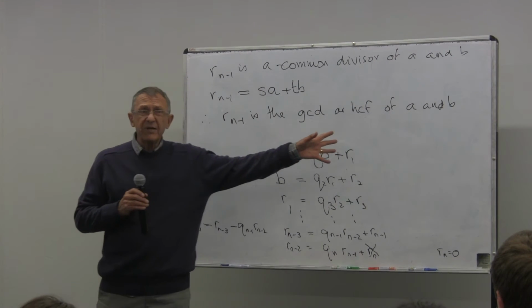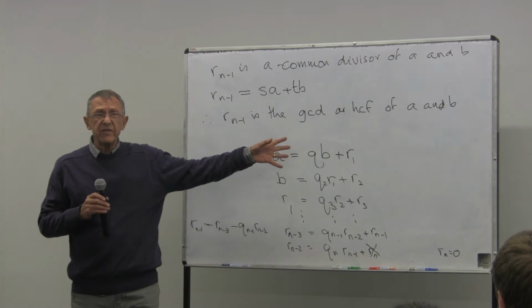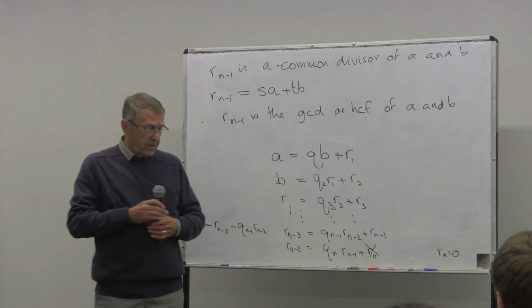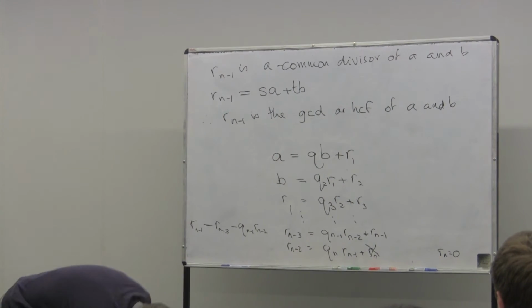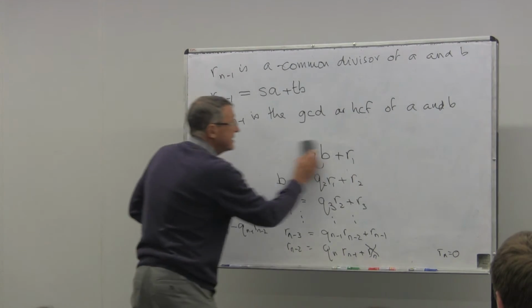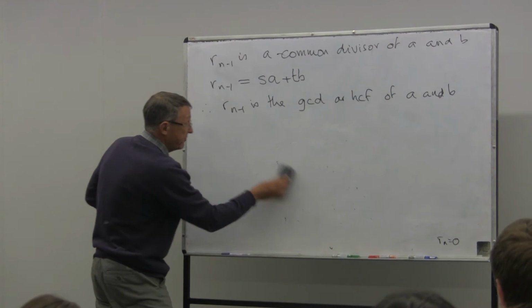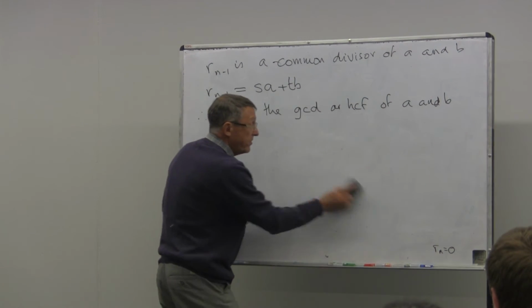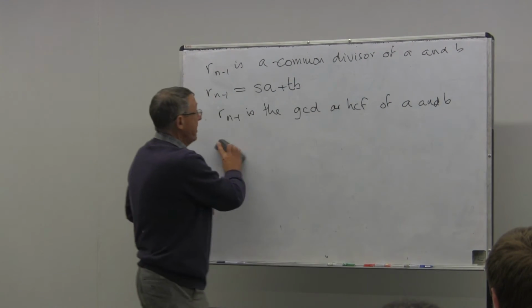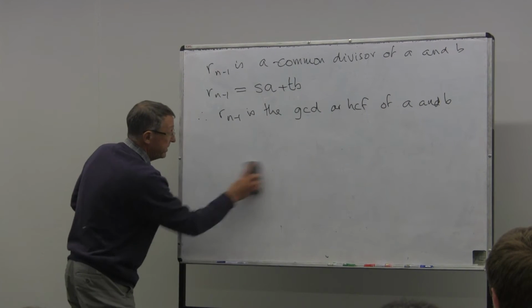Would you like me to do a numerical example of this? Yes. Just in case I get my sums wrong, I've done it on paper beforehand, so I won't be rash enough to make up any two numbers at random.